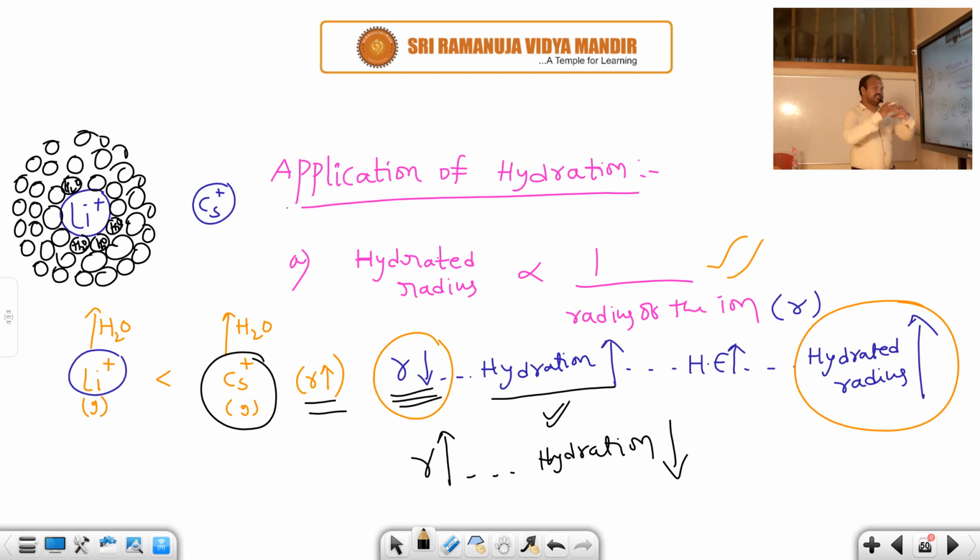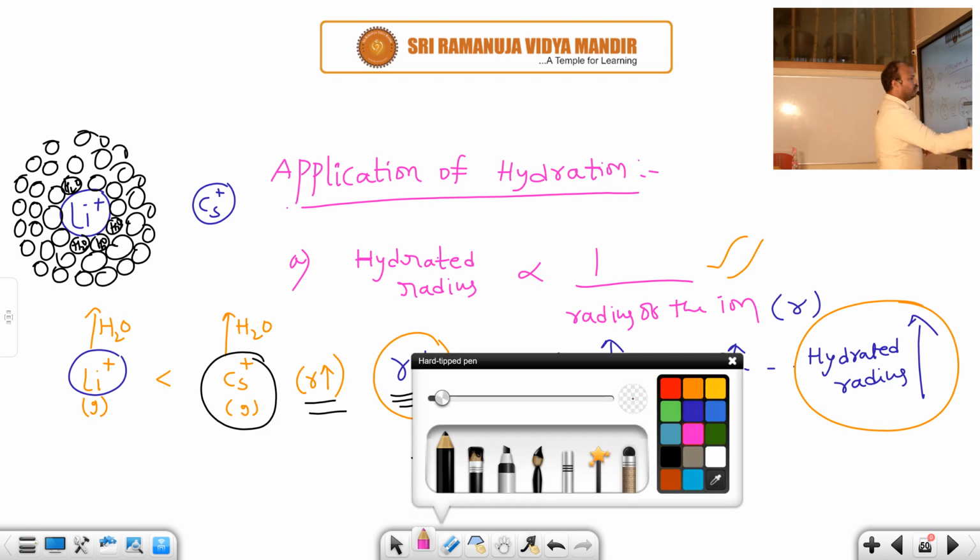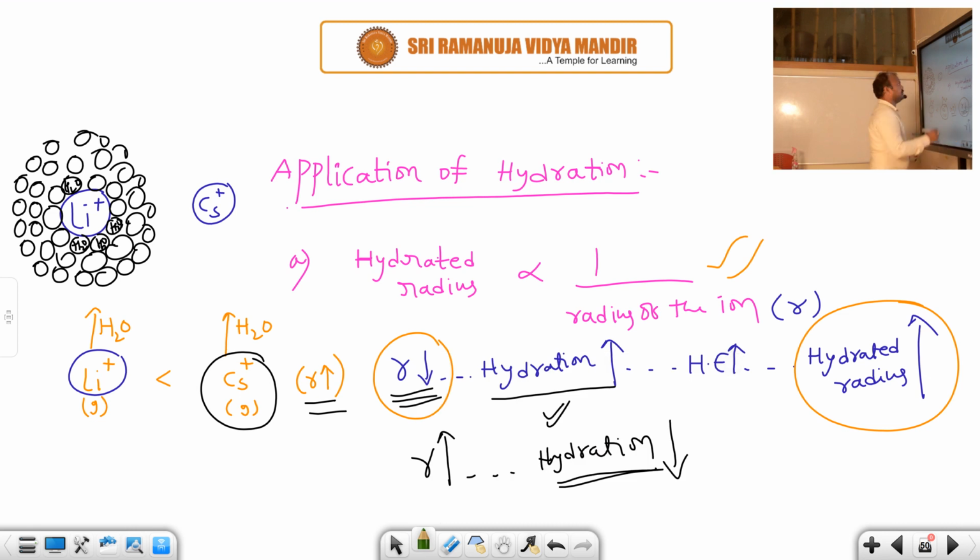Cesium plus has more size, so high radius, so the water molecules surrounding it decrease. For suppose this is Cs plus, here water molecules are like this. Very few water molecules are there due to the large size of the Cs plus ion.